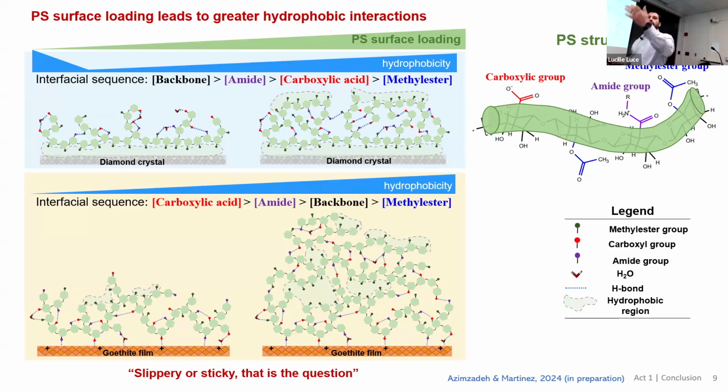But loading more and more, we started to see amide and carboxylic functionalities. Those are more hydrophilic. But at the end, it's wrapped up by a methyl ester functional group, which is hydrophobic, more hydrophobic than the other functionalities.